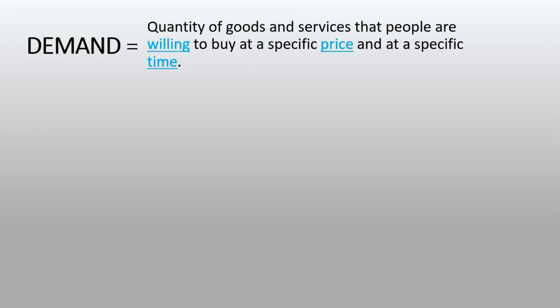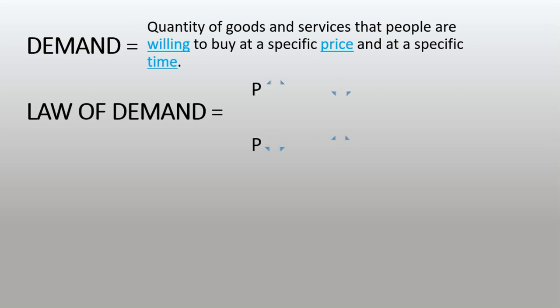This is known as the law of demand. The law of demand states that as prices of goods increase, the quantity demanded for that good will decrease. And the same thing happens in the opposite direction, where if price decreases, quantity demanded would increase.